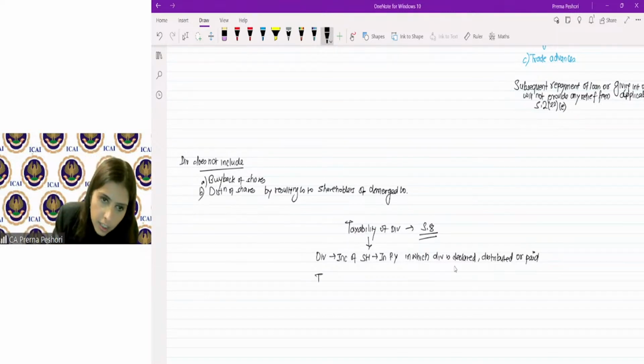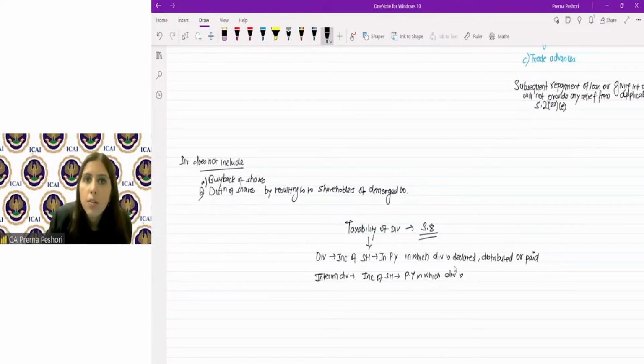So, for the interim dividend, income of shareholder in the previous year in which dividend is unconditionally made available to the shareholders by the company. Are we clear?